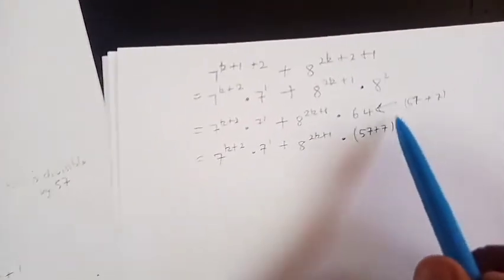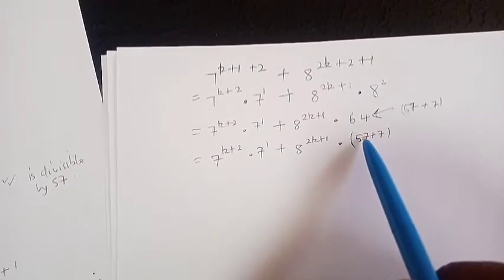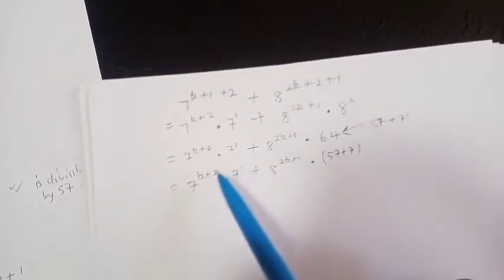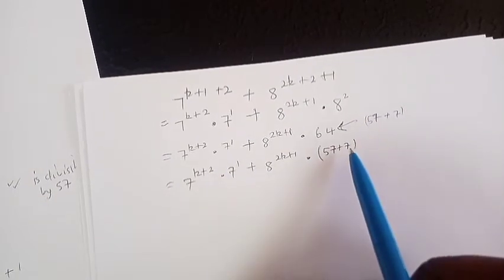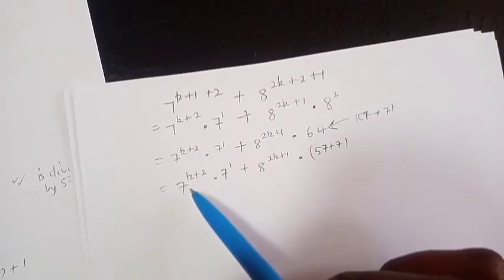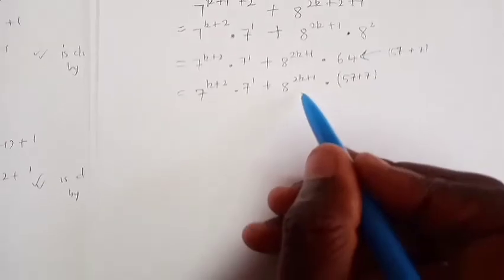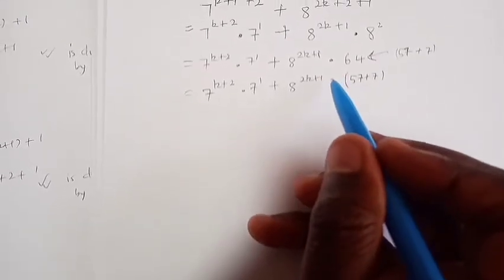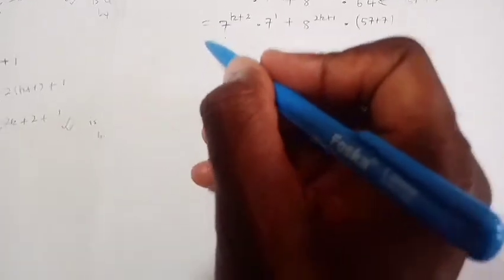So here I want to leave a 57 over this side, and since I have 7s on the other side, I want to make sure that I can move this 7 over here to this side and make it the subject of the formula. So that's what I'm going to do right now. So I'm going to multiply this 8 to the power of 2k plus 1 with this expression here. So I rewrite the expression as well.